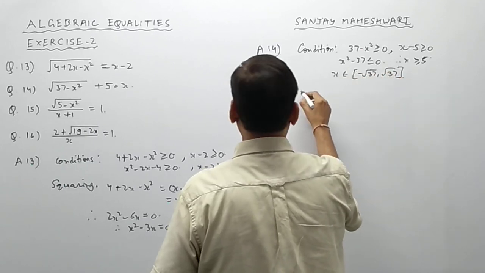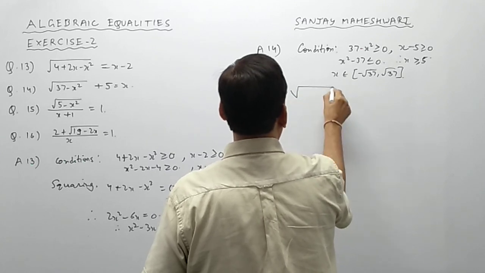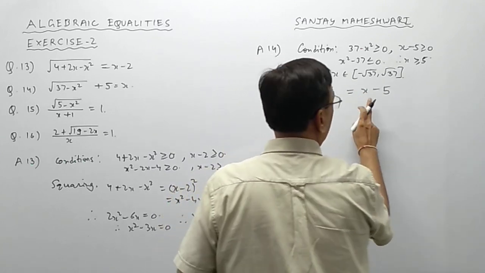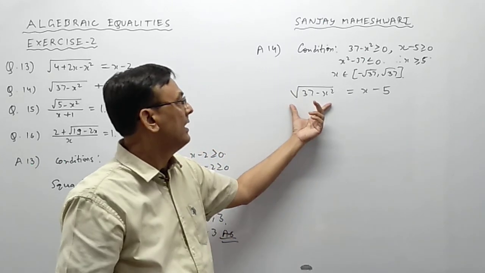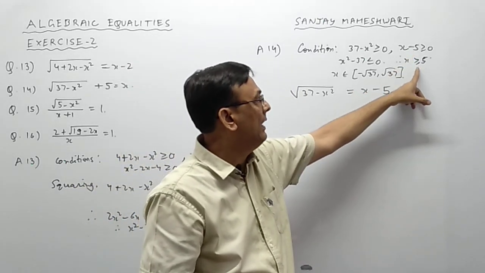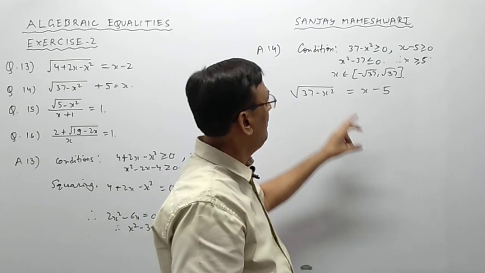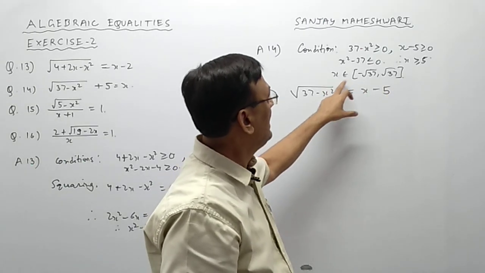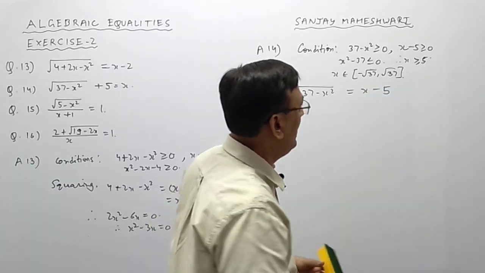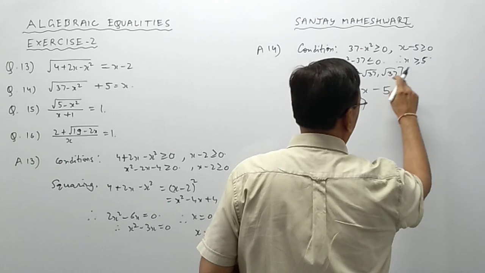So let us start. Now root over 37 minus x square is equal to x minus 5. Since this side is greater than or equal to 0, therefore x minus 5 should be greater than or equal to 0. That is why x should be greater than or equal to 5, as well as x belongs to minus root 37 to plus root 37. So actually the solution will lie within 5 and root 37.